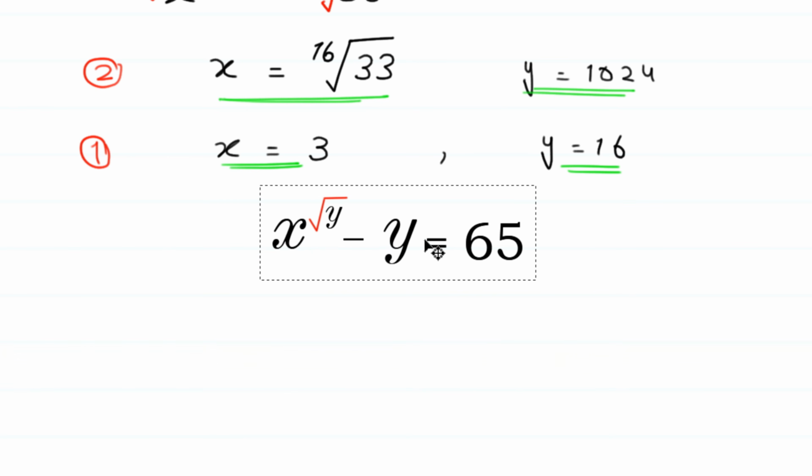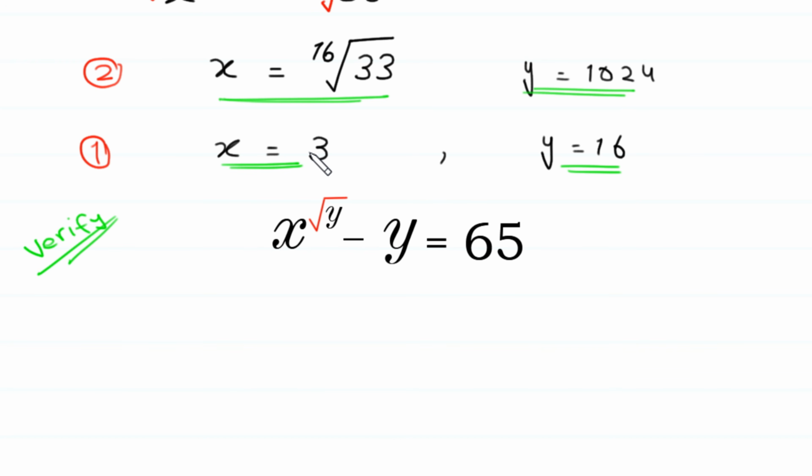The original equation is x to the power square root of y minus y is equal to 65. First we put the value of x, 3, and value of y, 16, in this equation.